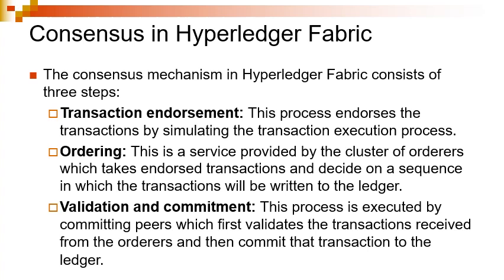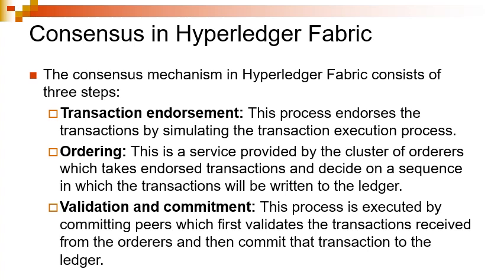We have studied the concept of orderer nodes. These orderer nodes decide the sequence of transactions, in which sequence the transactions should be stored on the ledger, or blockchain. So this is the second step of the consensus mechanism in Hyperledger Fabric, that is ordering.